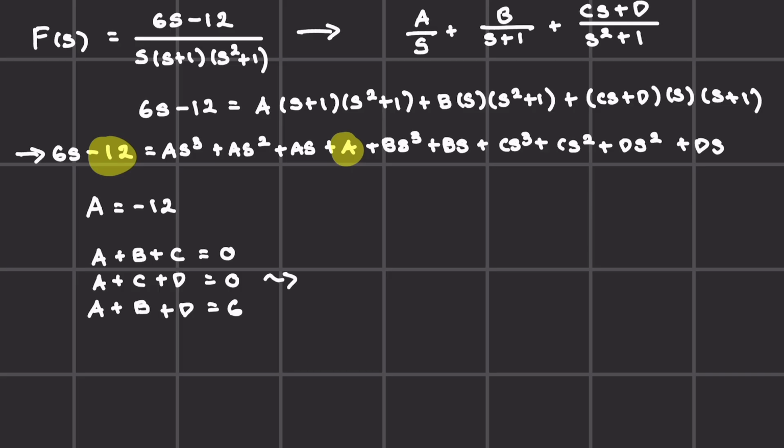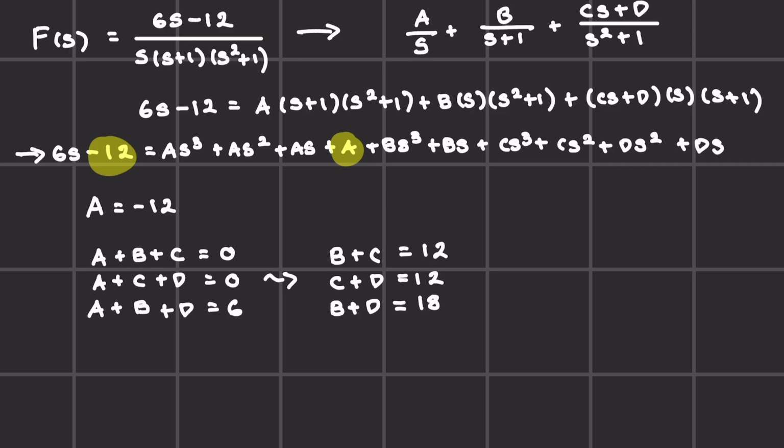We have B plus C equals positive 12, because we add 12 to both sides of the first equation. Then C plus D equals positive 12 as well. Lastly, B plus D equals 6 plus 12, which is 18.